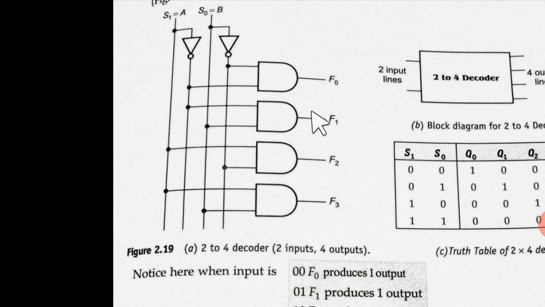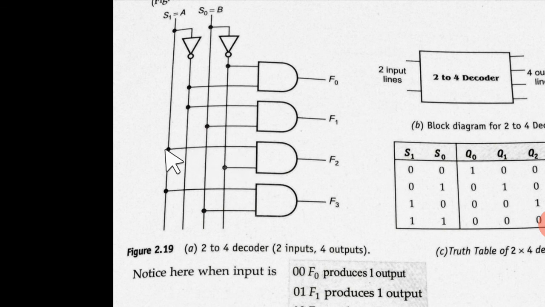And after that, when I have to produce F1, the combination is 0 1, so it will be A complement, since A is 0, and then B. So B will be connected, and then this output is drawn. When I have to produce F2, that means 1 0, that means A and B complement.